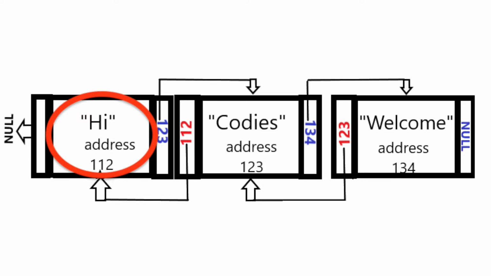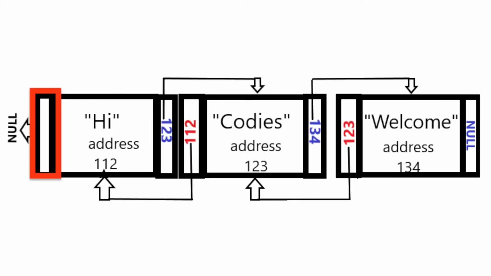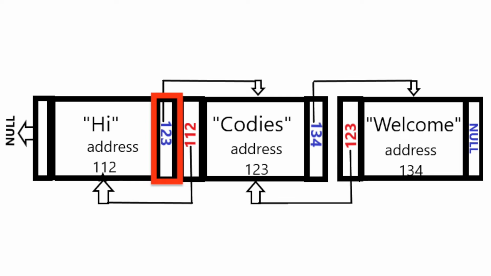Therefore, the box on the left shows the arrow pointing to null. And just in case you don't know what null means, it means that it's pointing to nothing, or an empty value. Now the box on the right stores the address 1, 2, 3, which is the address of the next element.